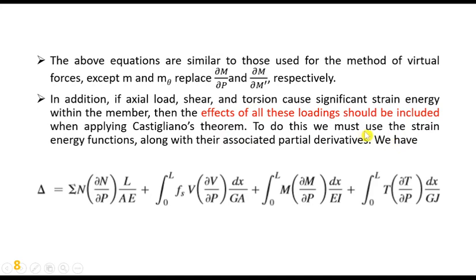To do this, we must use the strain energy functions along with their associated partial derivatives. So delta will be equal to the summation of N times partial N over partial P times L over AE for axial load, plus the integral from 0 to L of f_s times V times partial V over partial P dx over GA for shear, plus the integral from 0 to L of M times partial M over partial P dx over EI, just as we have done, that is for bending, plus the integral from 0 to L of T times partial T over partial P dx over JG, that is torsion.